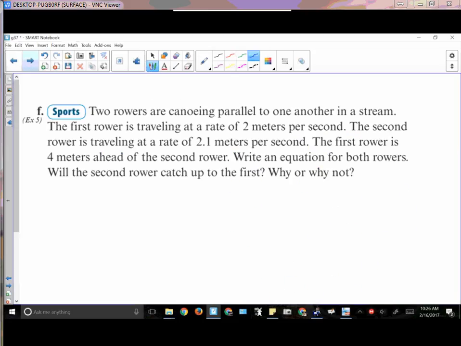So, one more. Give you a little time to think about this one. Will the first rower ever catch up, or will the second rower ever catch up to the first?